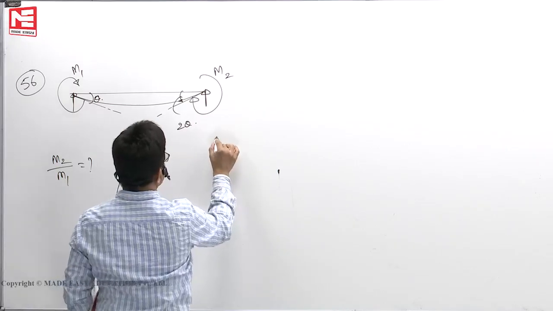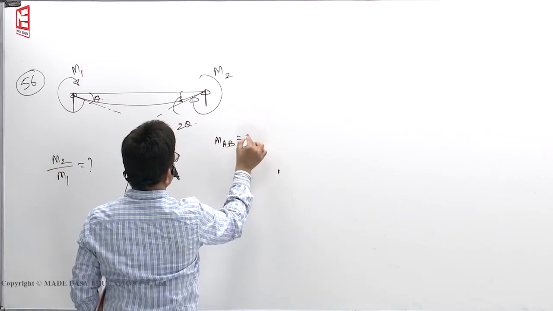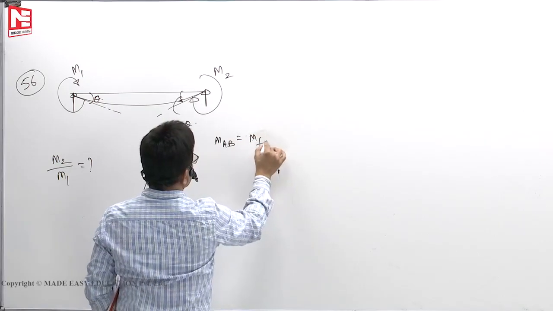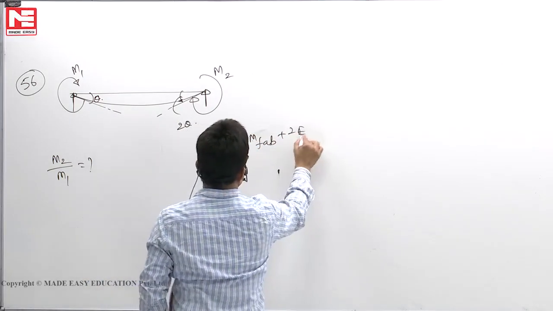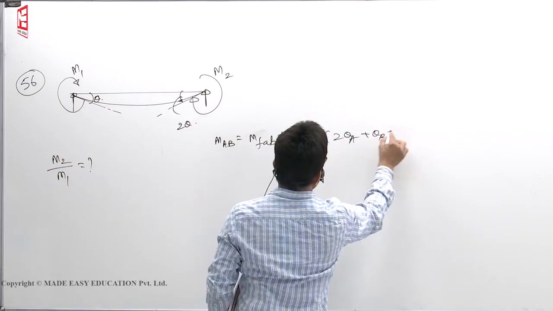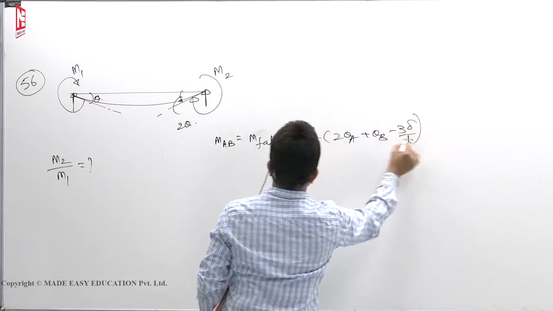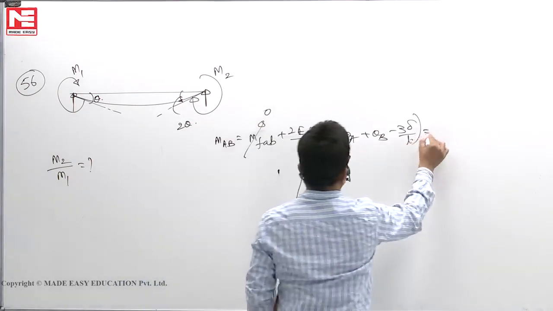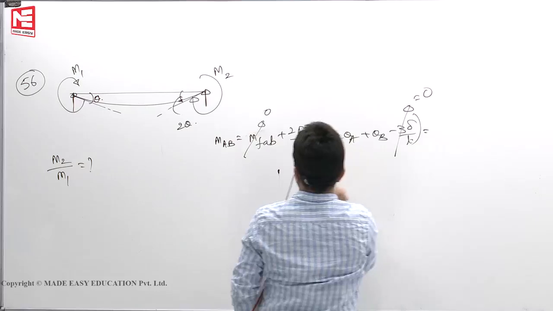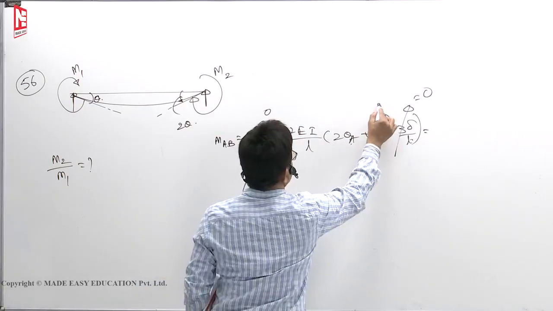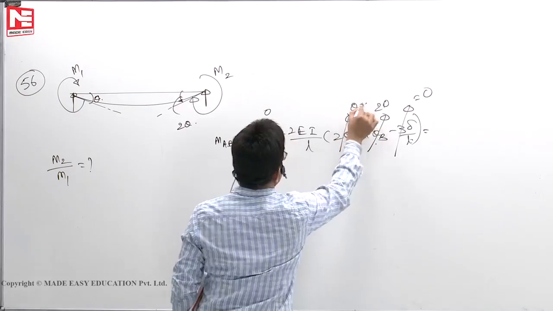Now I can take MAB, with MFAB equal to 0. I will write the first statement: MFAB plus 2 EI by L into 2 theta A plus theta B minus 3 delta by L. Fixed end moment is 0, delta is also 0, 2 theta A, theta B, this is 2 theta, this is theta.